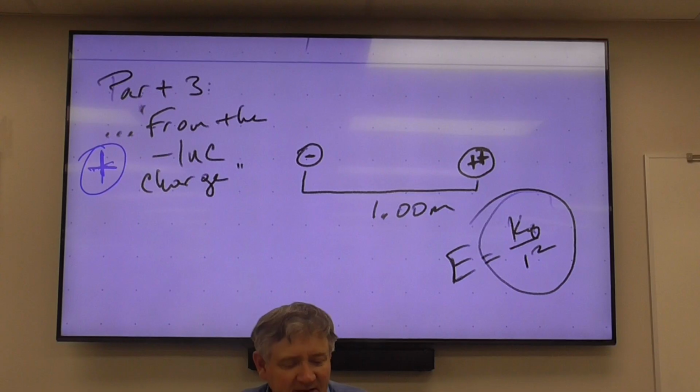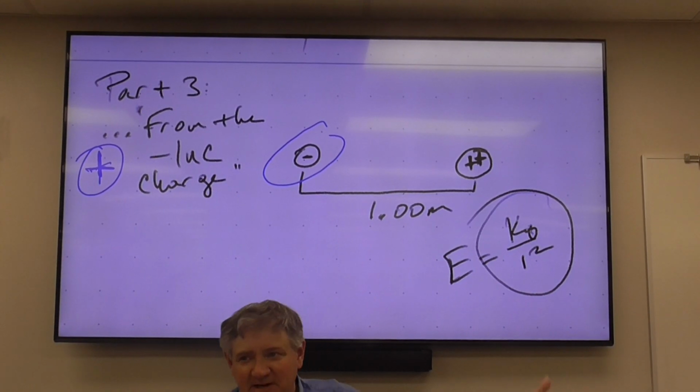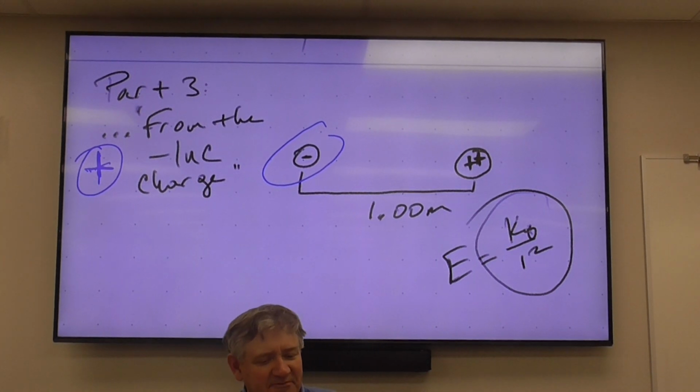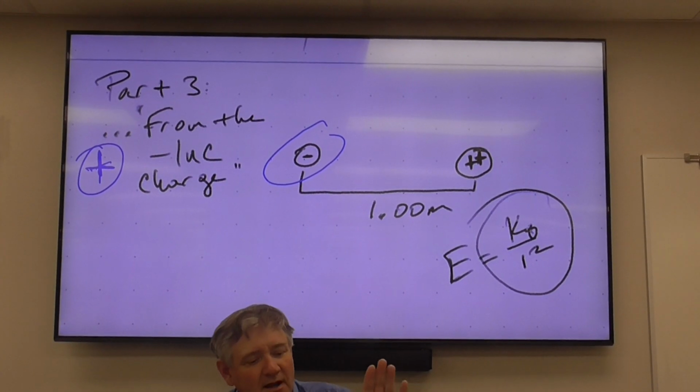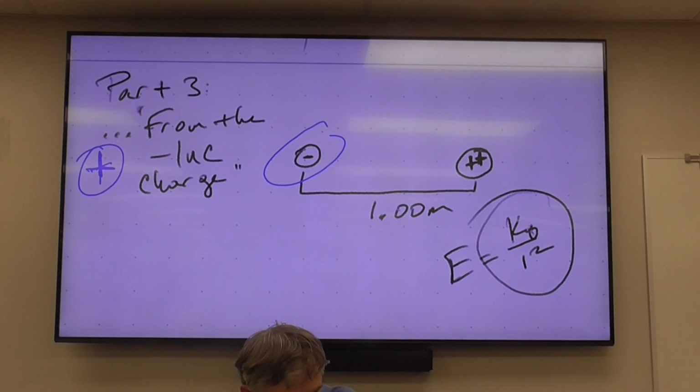In my mind, it was implied that it's going to be from that negative charge because it's out there. Some kids ask, do you want it from the negative or from the two positive charges? Just for clarification, when you give this answer, it's going to be from that negative charge.